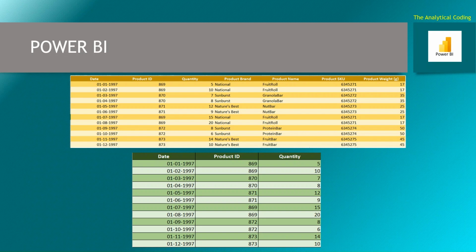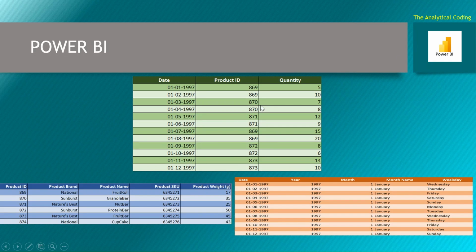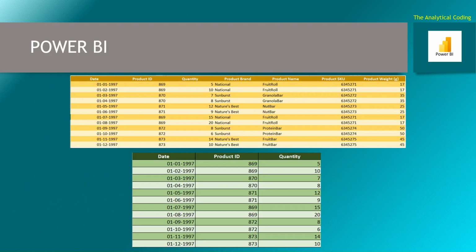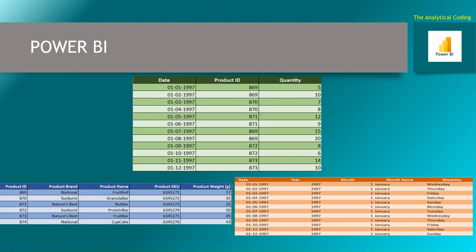Here you can see we have this table which does not have the product details, the product details are separately stored in the other table, and the date related columns are separately stored in another table. The tables must be maintained properly to get accurate values, which is nothing but the data integrity.